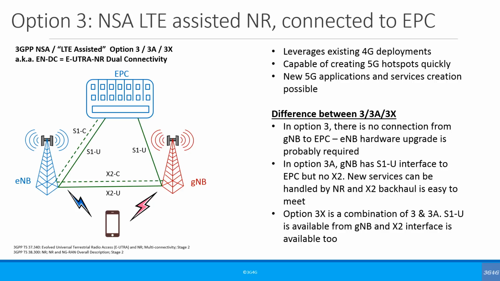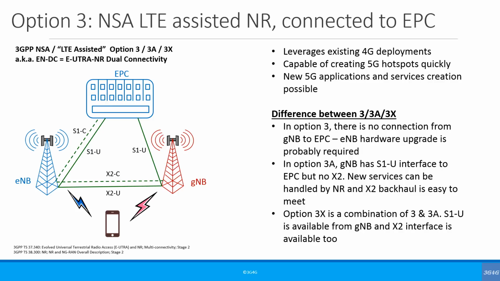Within option 3, there are three different sub-options, 3, 3A and 3X. So the main difference is that in option 3, there is no direct connection between the G node B and the EPC. Okay, so all the data flows through the E node B.